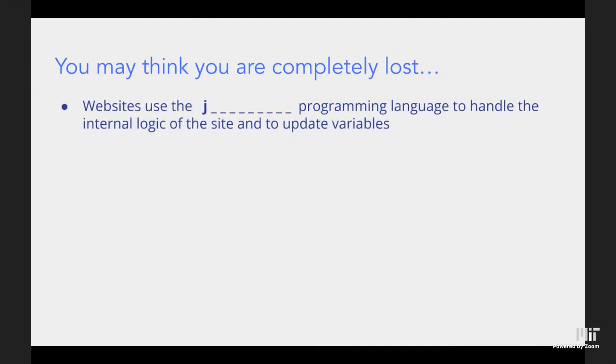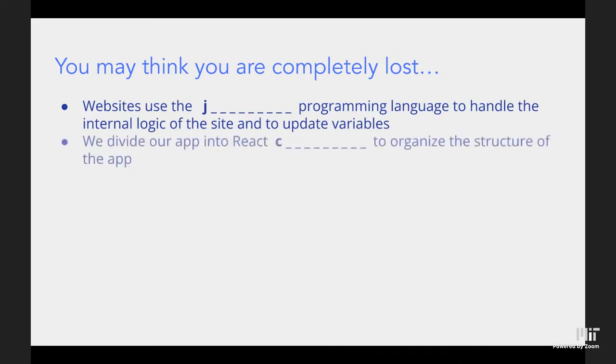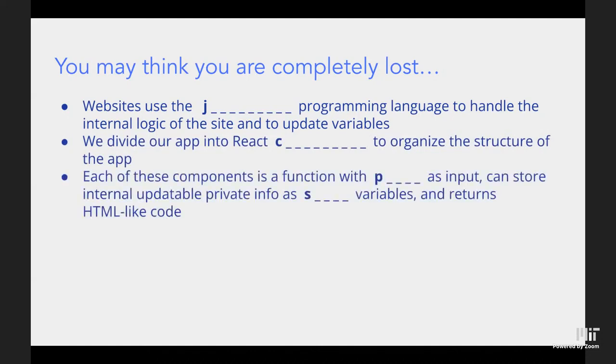So websites use the, yes, JavaScript. If you answer Julia, feel free to leave. We divide our app into React components. Each of these components is a function with props as input and can store internal, updatable private information as state variables and returns HTML-like code.